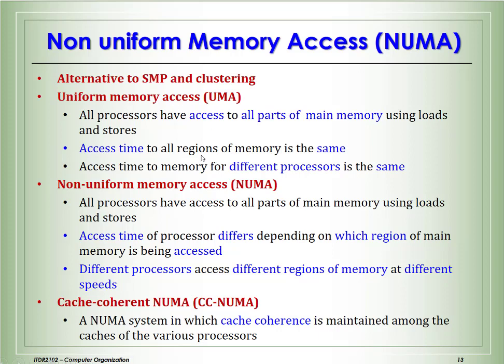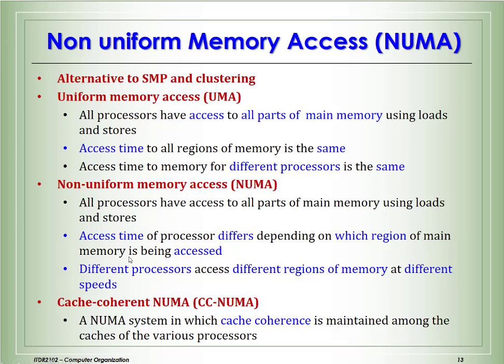Okay, and also now here we have non-uniform memory access. In non-uniform memory access, it is the same in that they can access all parts of the main memory using load and store, load data and store data, but the access time of the processor depends on the region of the main memory being accessed, and different processors access different regions of the memory at different speeds.